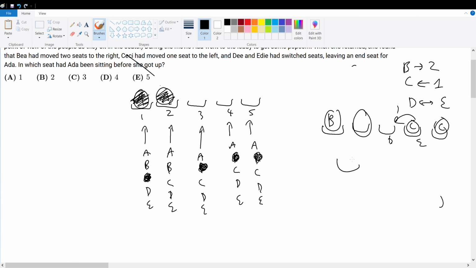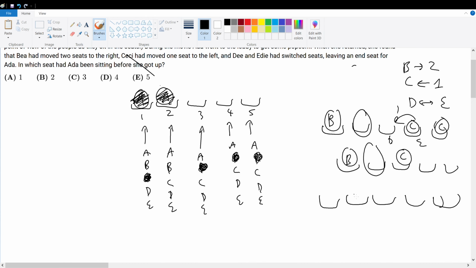Or then again, actually, it might not be impossible, because what if C sat here? Then C would have moved where? C would have moved to the empty seat. And then Bea would have moved 2 seats to the right, and therefore she would now occupy the seat that Ceci once took. But D and E would have to go right here, because remember, the original slots.